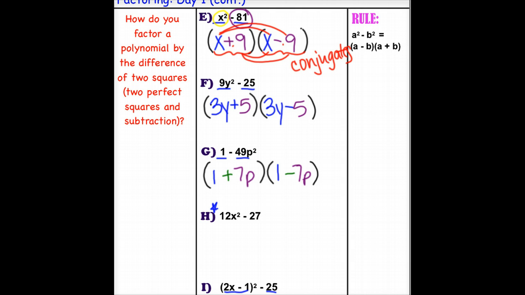This next one, it is special because, as you can see, 12 is not a perfect square and neither is 27. However, remember to always factor out the GCF first, if possible.